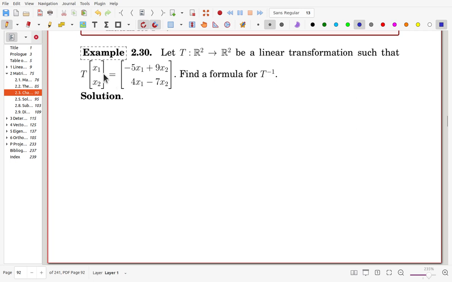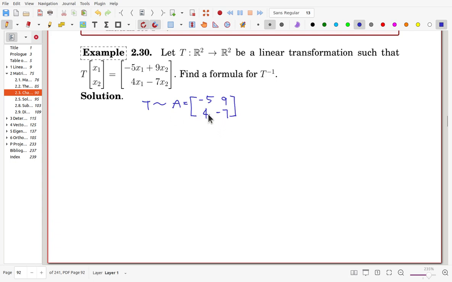Linear transformation T is defined in this way, then we can easily see that from T, the corresponding standard matrix A is this one: -5, 9, and 4, -7. That's the standard matrix. Just collect the coefficients, then it is a standard matrix.